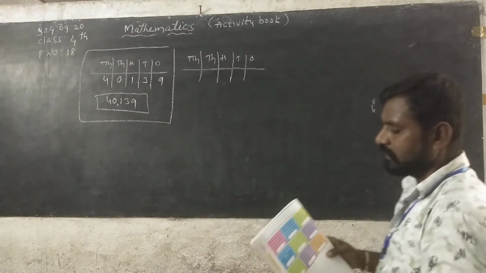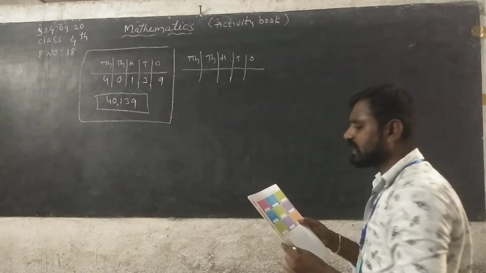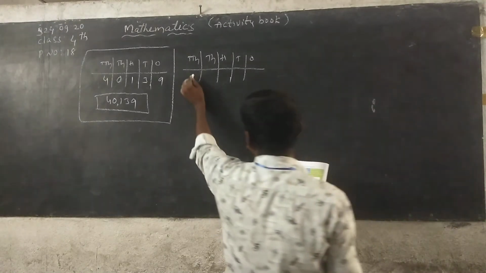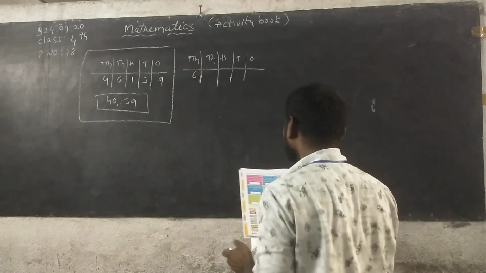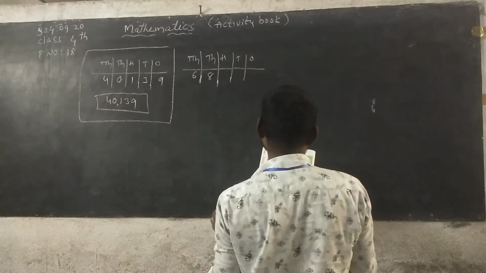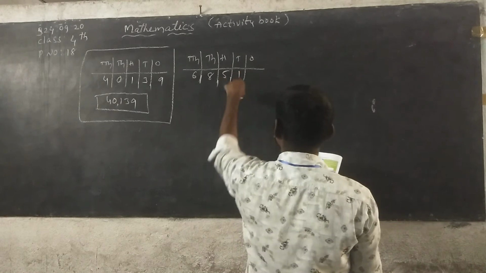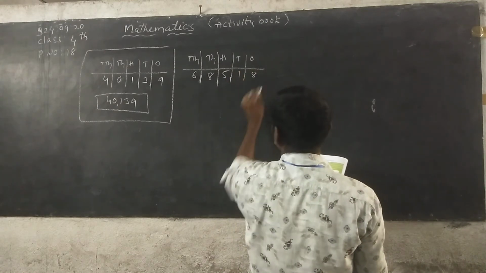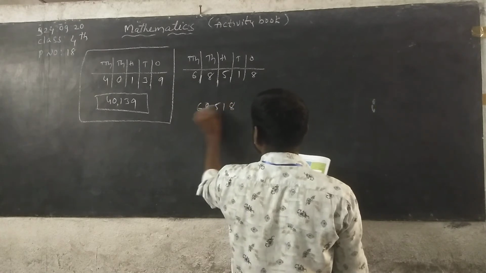That is first row, second one, blue in color. 6 is in 10,000's place. Next, 8 in thousands place. Next, 5 in hundreds place. Next, 1 in tens place. 8 in ones place. The given number is 68,518.